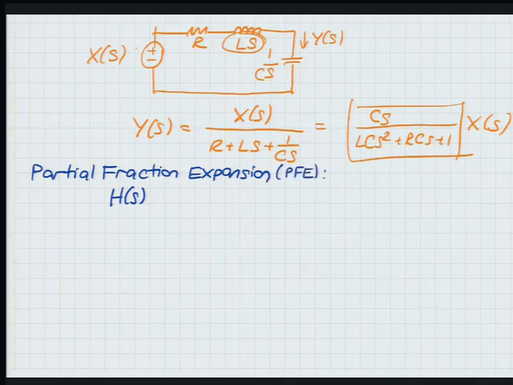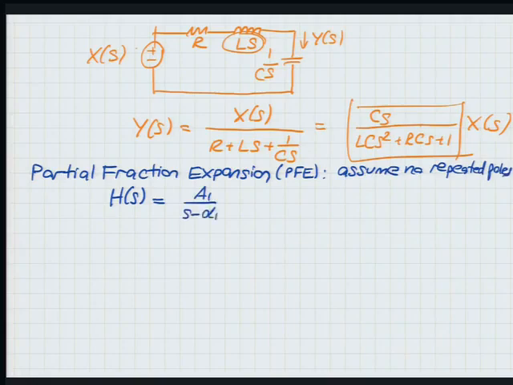All right, so the idea is let's assume there are no repeated poles. That means I don't need to go to higher powers. I can represent the whole thing as some number A1 by S minus some number alpha 1. That can be complex, that's fine. A2 by S minus alpha 2.